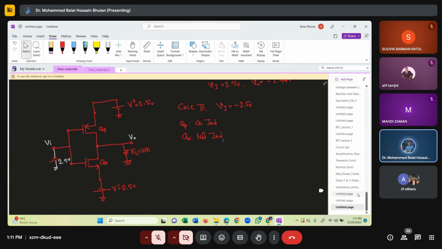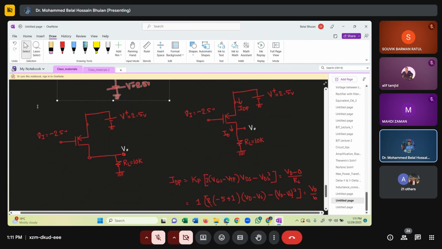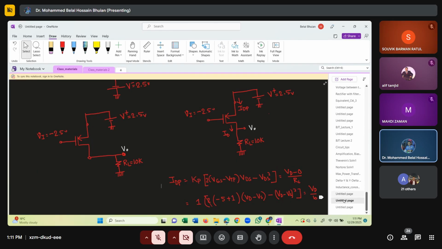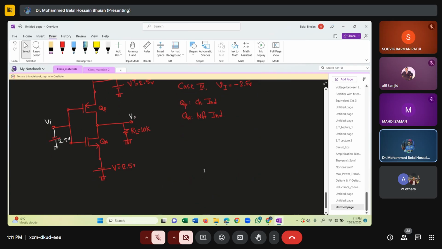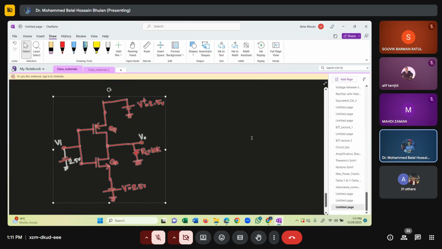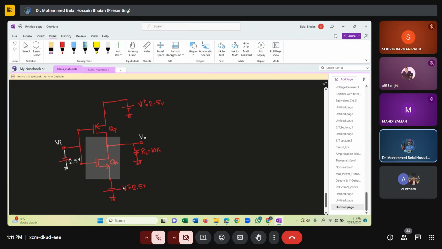So if I draw that circuit removing it, the final circuit looks like this. Okay, so lower part is gone. You can say the lower part is gone, ID 0.